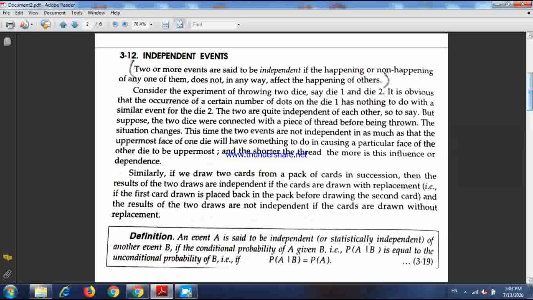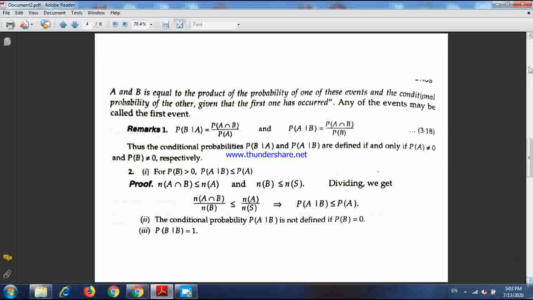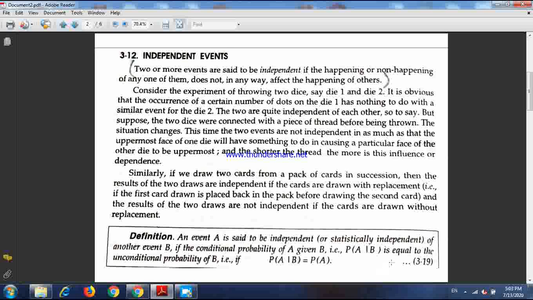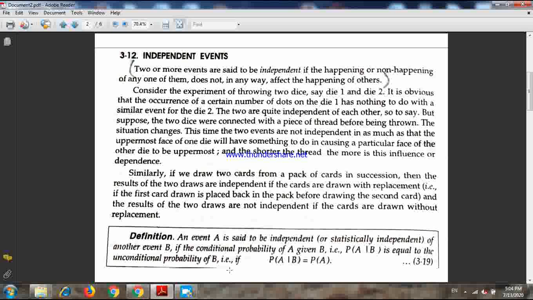And mathematically we define an event A to be independent or stochastically independent if probability A given B is equal to the probability A. That means if A and B are independent, then whether B happens or it doesn't happen, it has no effect on the occurrence of A. So simply P(A given B) equals P(A). That means if the conditional probability becomes equal to the unconditional probability, then we say that the events are independent.